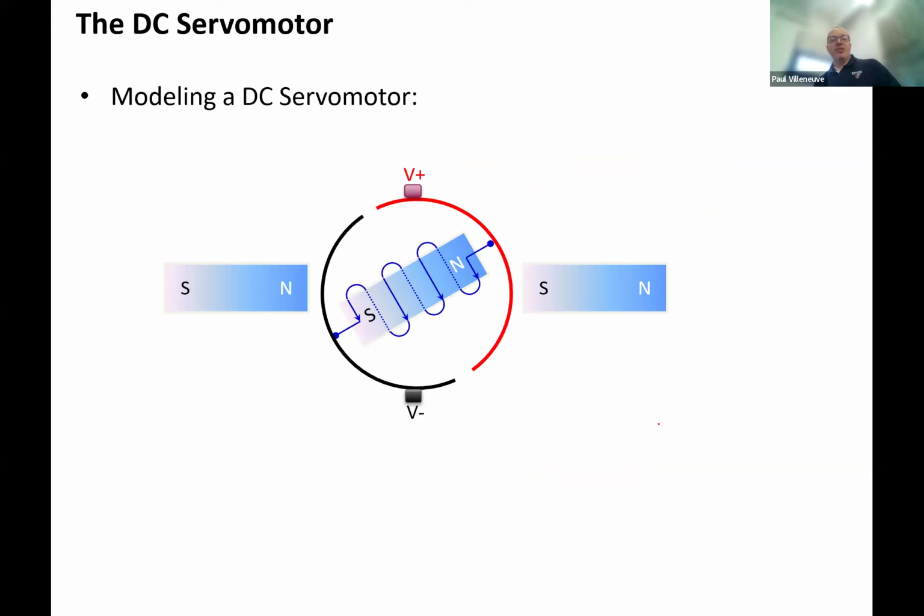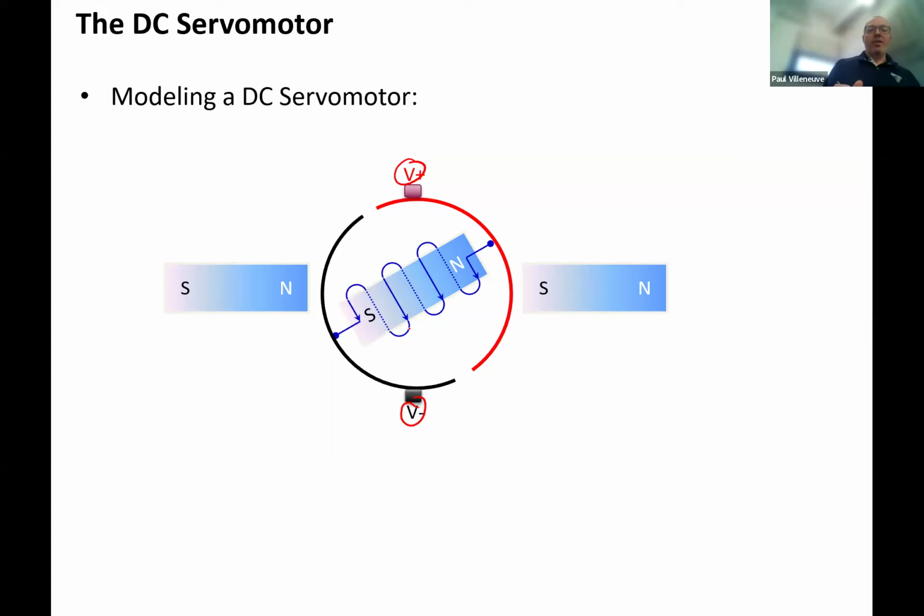And what we have with a DC servo motor is we apply a voltage here, plus and minus. And that voltage there, the whole purpose of it is to provide a current that flows in through this wire.